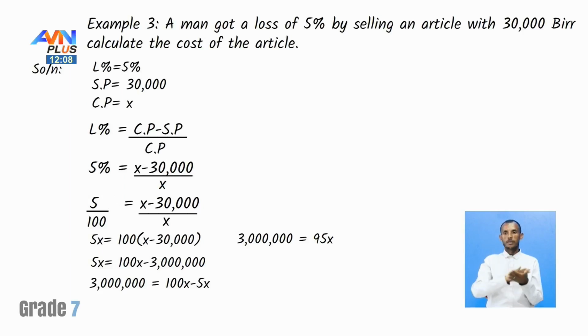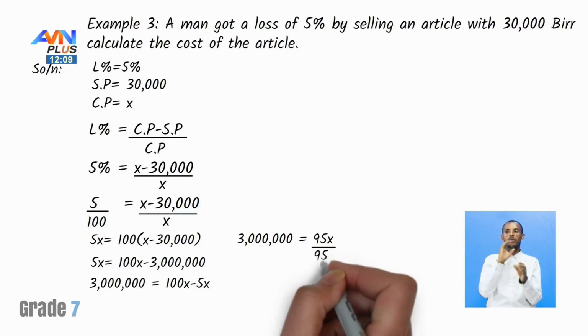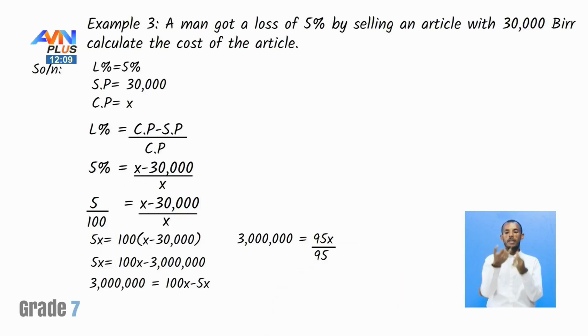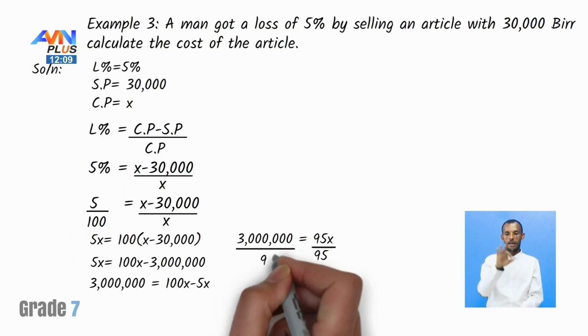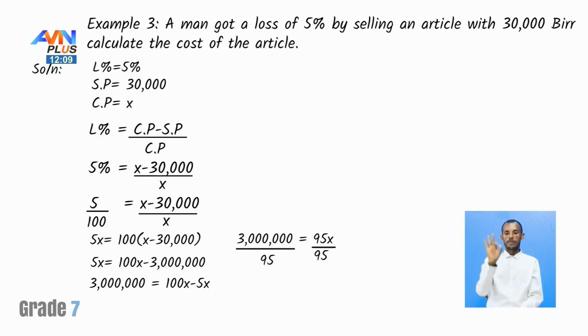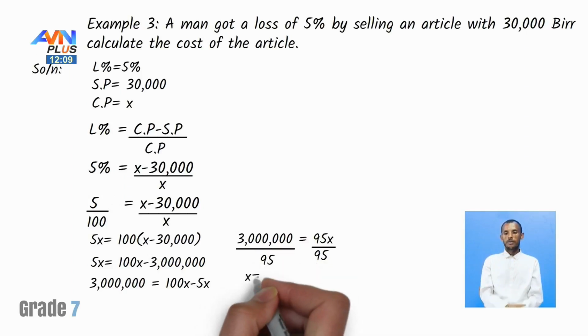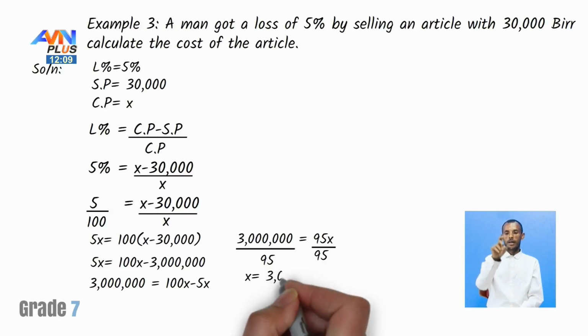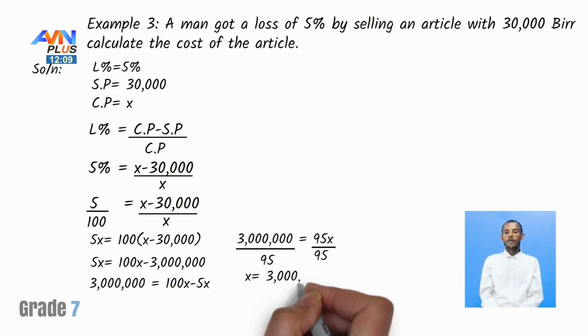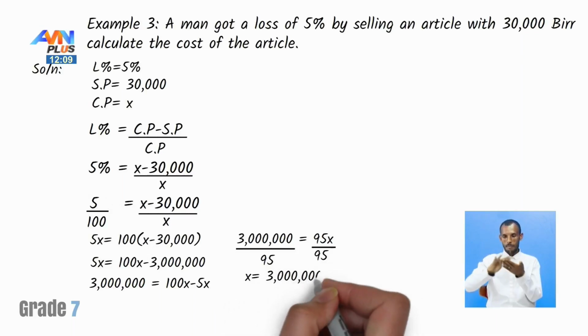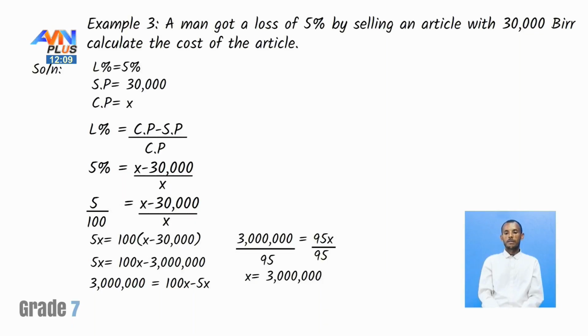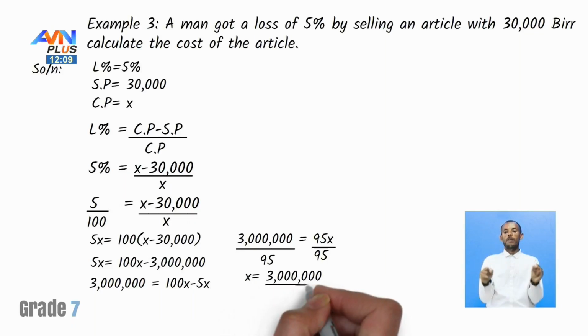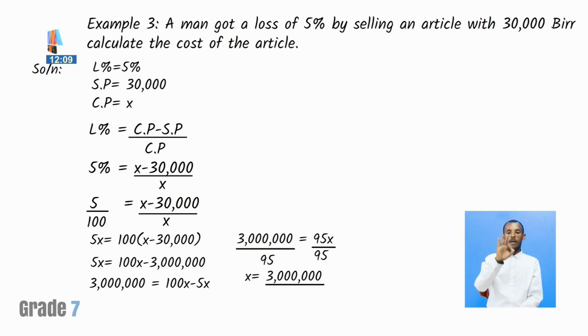So to find x, divide both sides by 95. Finally, you have x is equal to 3 million divided by 95.